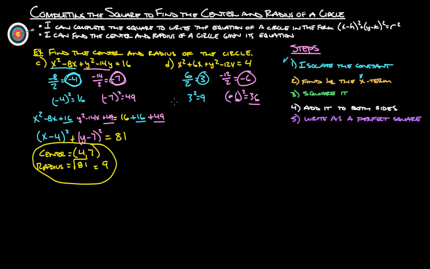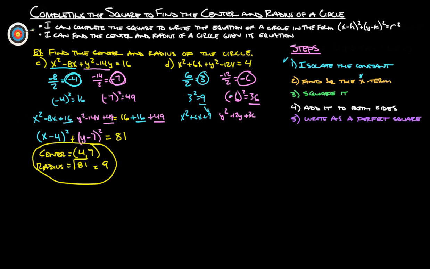We're going to add that 36 and that 9 to both sides of the equation. So now we have x squared plus 6x plus 9. And then for the y, we have y squared minus 12y plus 36.